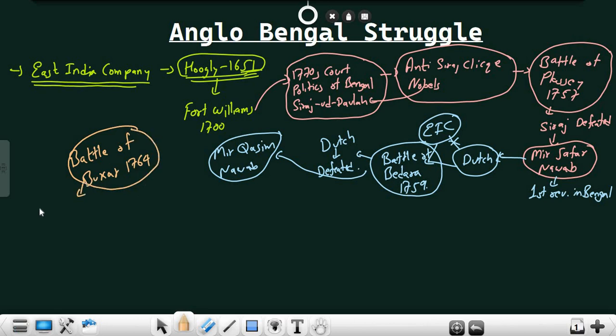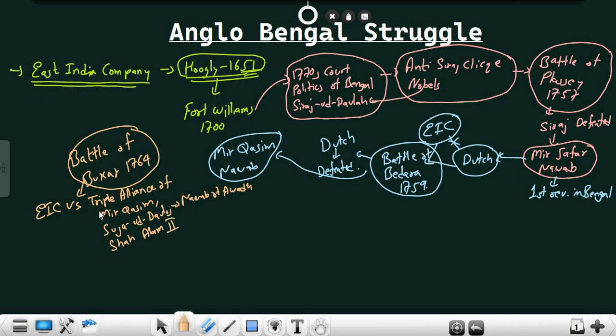It was fought between the British East India Company and a triple alliance of Mir Qasim, Shujauddaulah, the Nawab of Awadh, and the Mughal Emperor Shah Alam II.